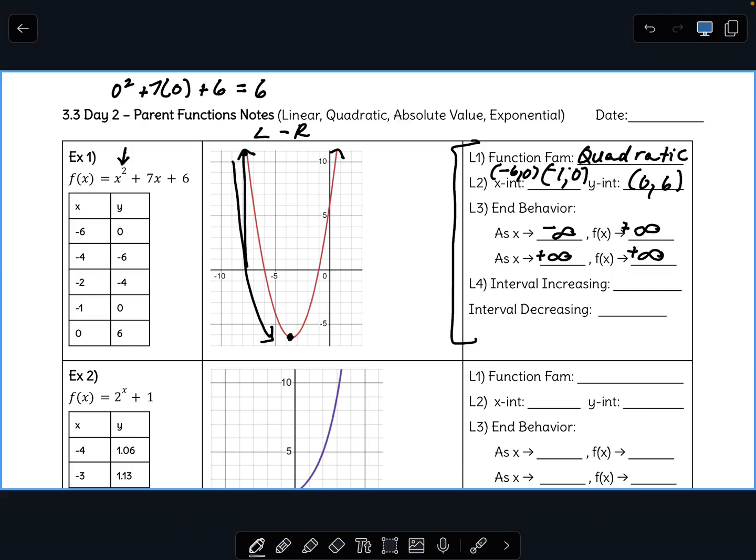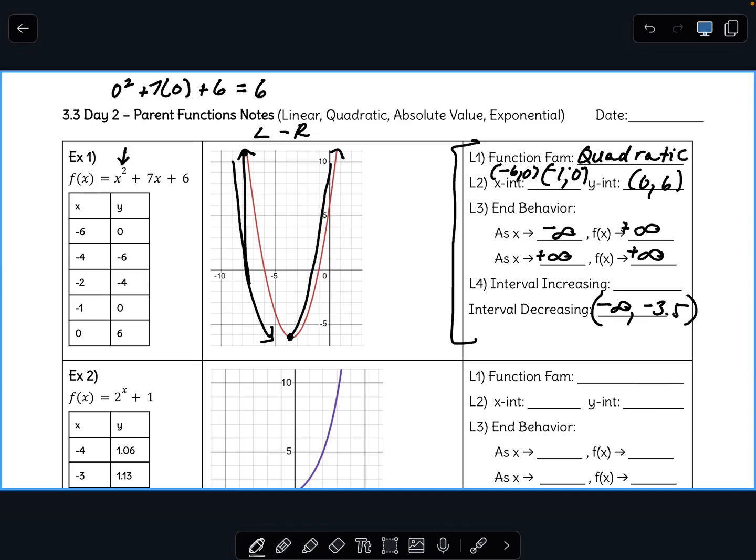So in relation to the x-axis, it would be from negative infinity to, and this looks like, 1, 2, 3, about -3.5, okay?